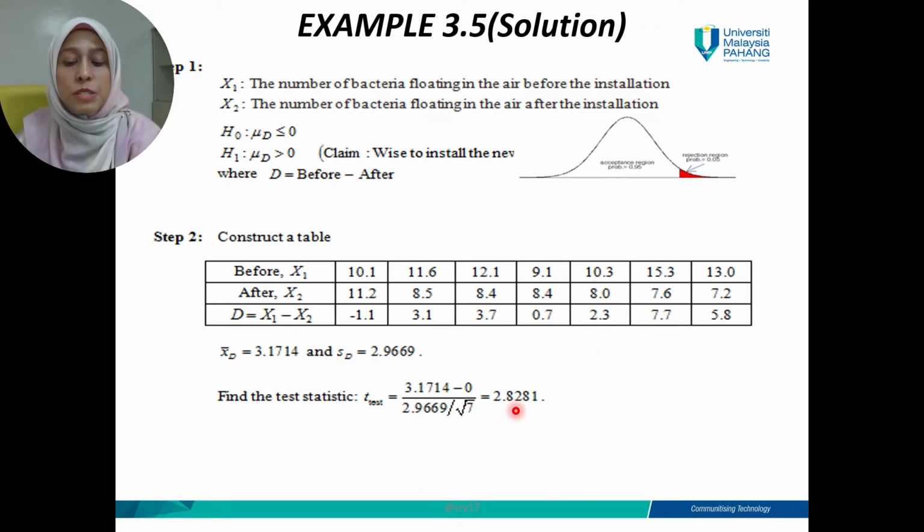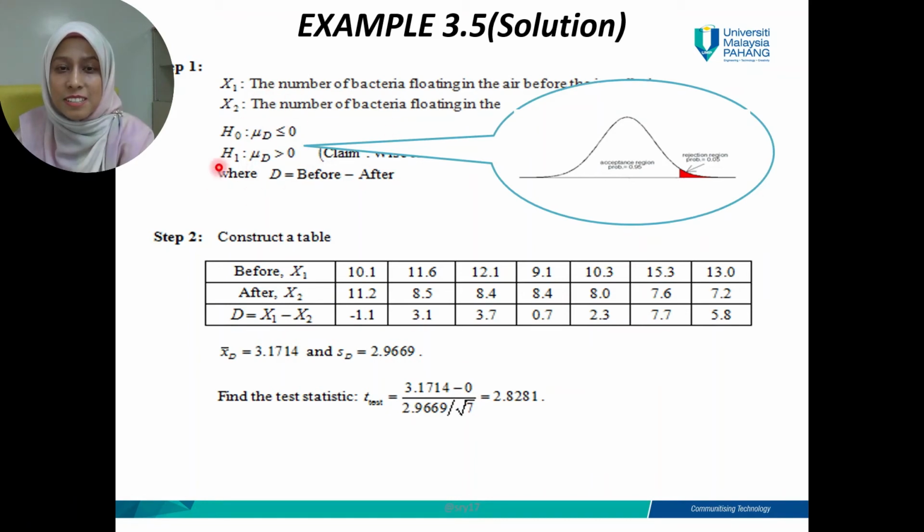Next, we're going to proceed to step 3, which is to establish the critical value and the rejection region. Since this is a right tail test, the rejection region will be on the right hand side only, with the acceptance region on the left hand side. And since in step 2 you used the t-test, you will choose your critical value from the t-distribution table.